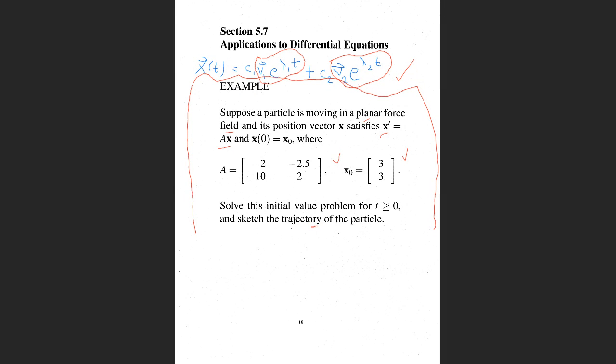And I want to mention something else also regarding this. If we go to example 3 in the book, let me just go to example 3 real quick.